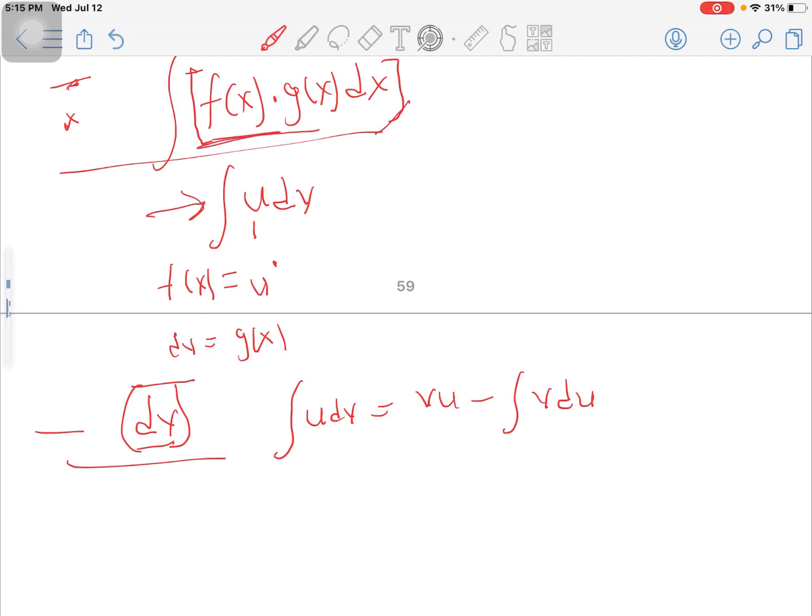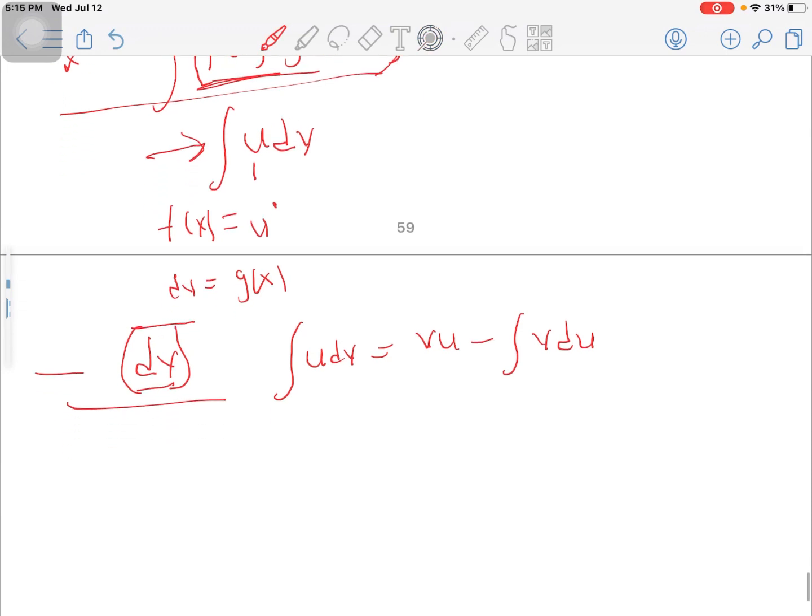From there, when you are able to match the function to this form, look at whatever variable you don't have from the matching and calculate for it. When you have your dv, per integration you can get your v from it. When you have your u, per du dx, you can get your du from it. And then the rest is to do substitution into the formula.